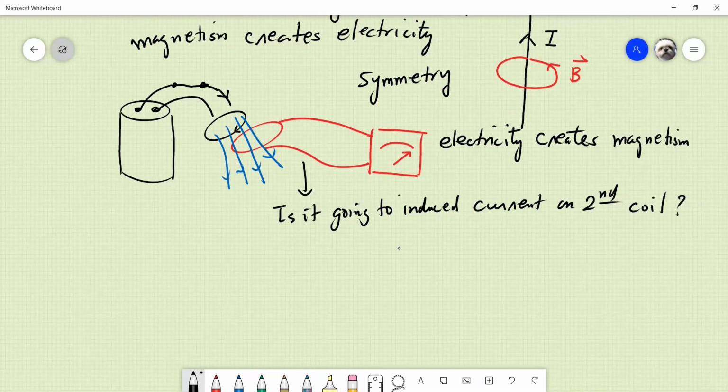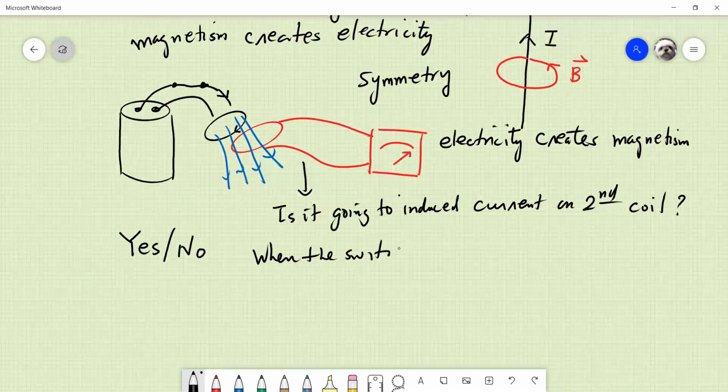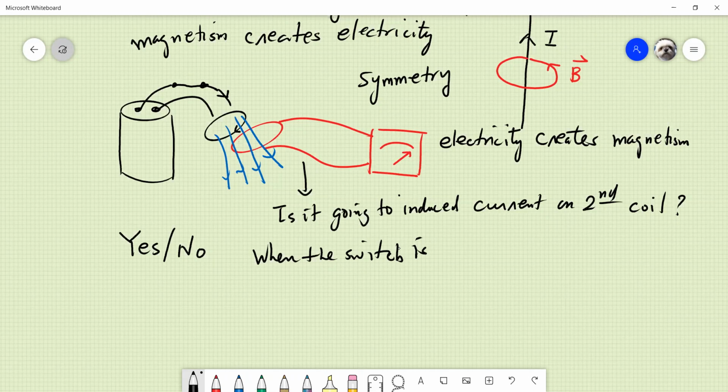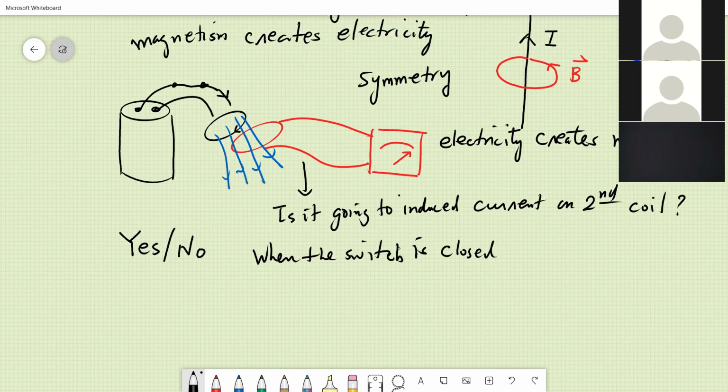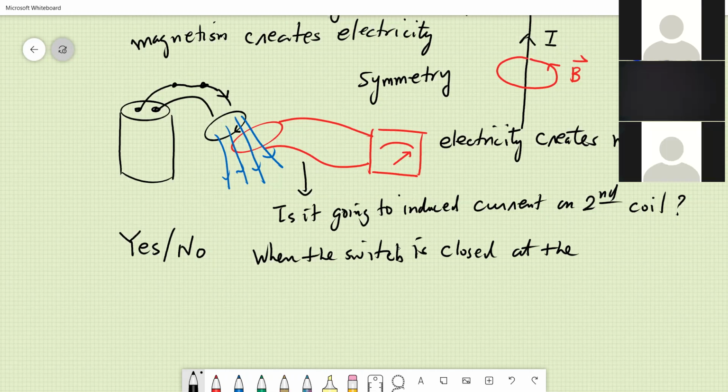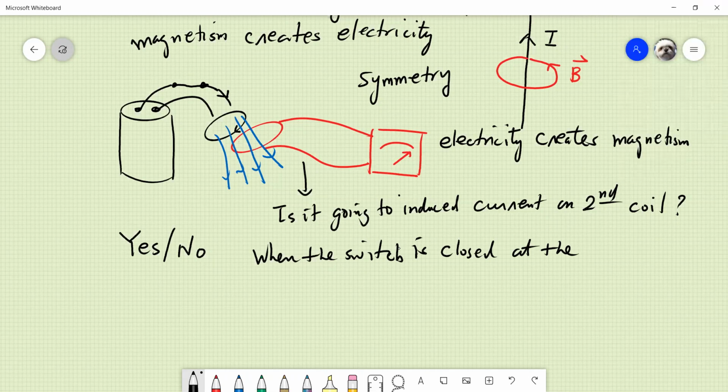Now Faraday found out the answer really is yes and no. Why yes? When he just turned on the switch, at this particular moment, for a very short time, what did Faraday see?